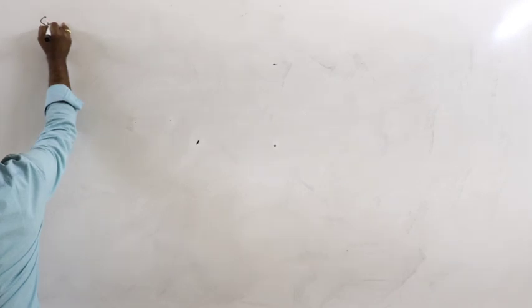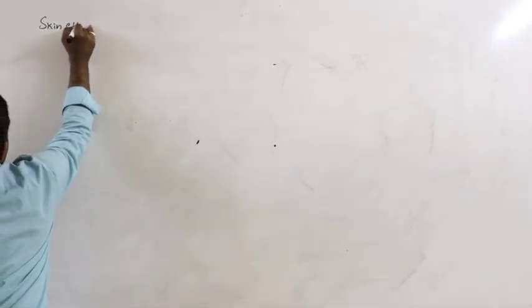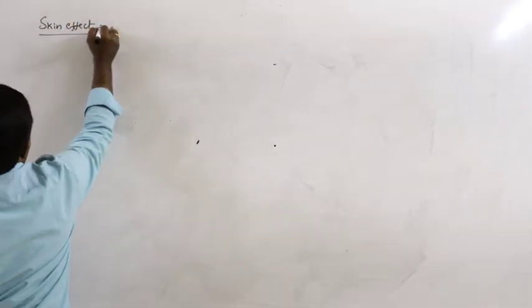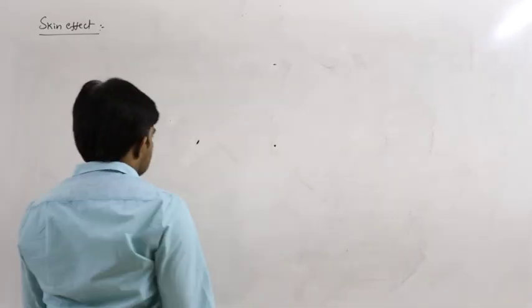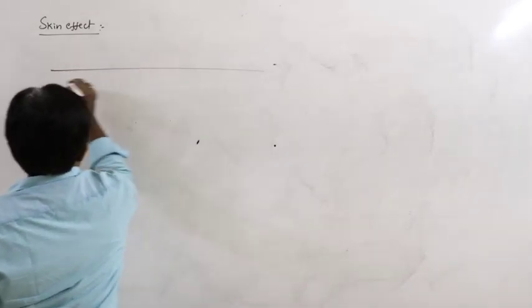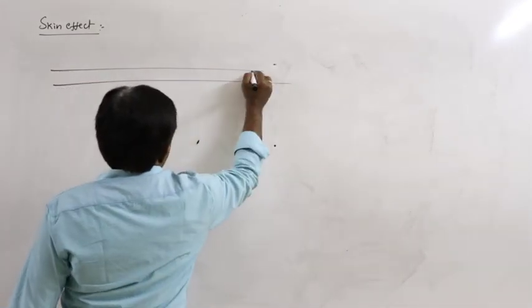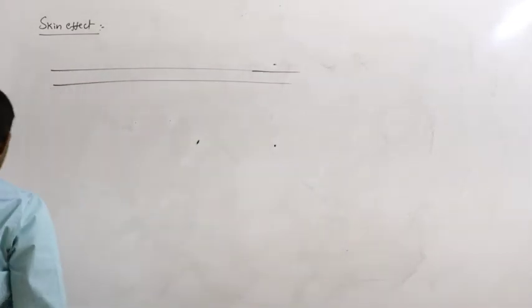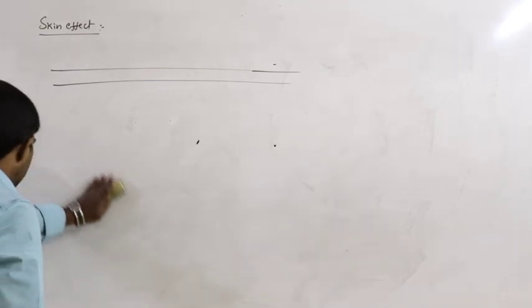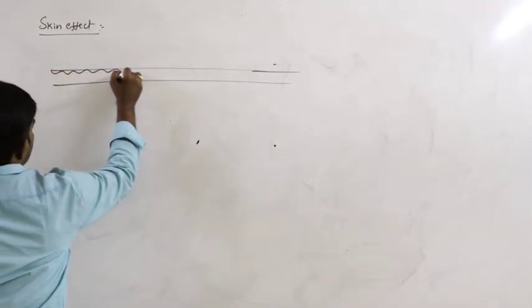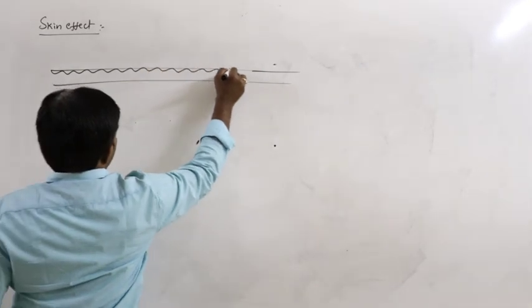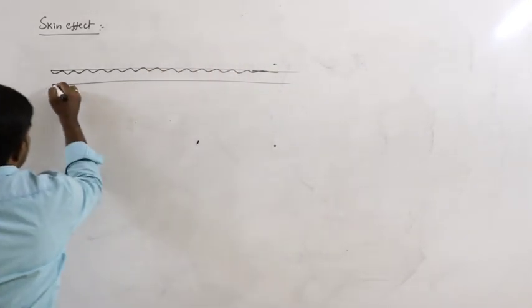Next condition, what is skin effect? Skin effect in the sense, let us say it is the conducting wire. If alternating current passes through the conducting wire, then the alternating current passes only on the surface.